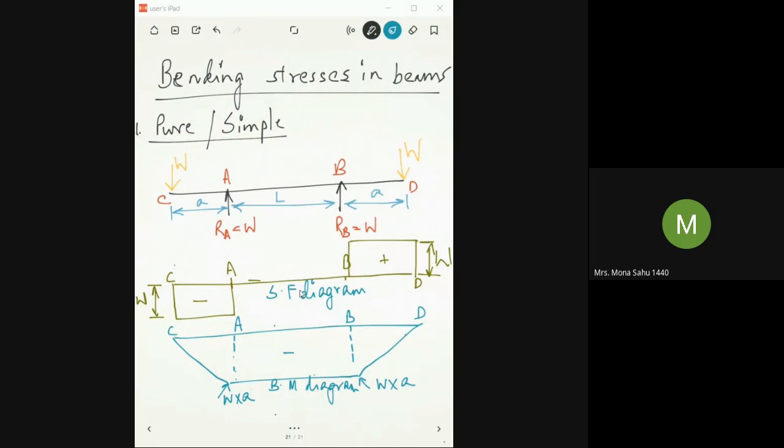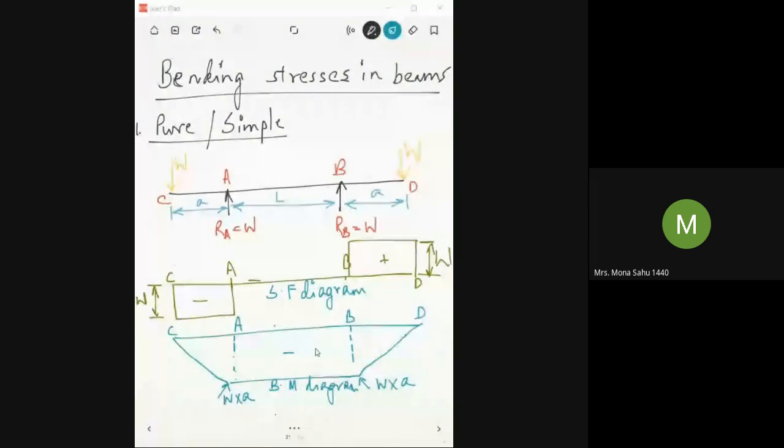So if the length of the beam is subjected to a constant bending moment and no shear force, okay, that means the shear force is zero, then the stresses will be set up in that length of the beam only due to the bending moment.